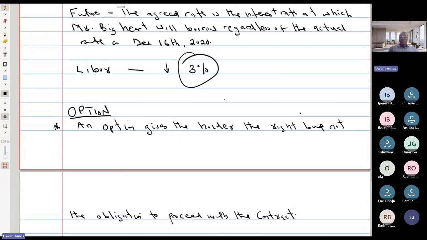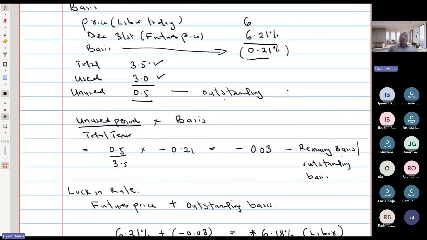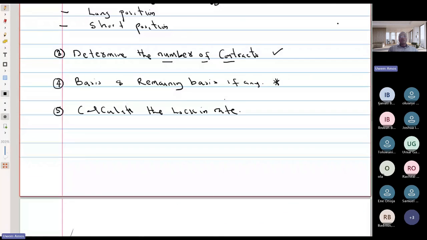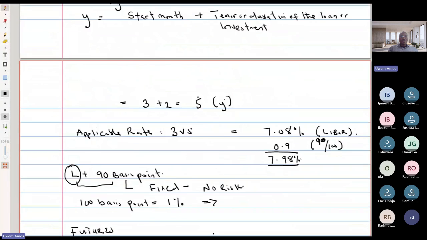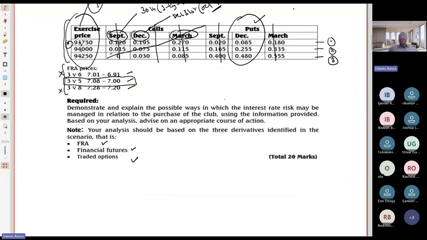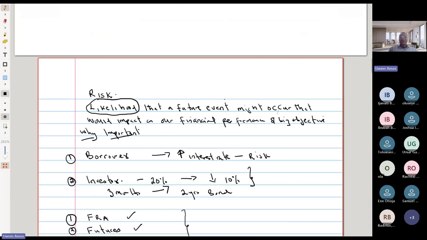Okay, sorry, let me pick the prices again. The middle is 94, the last one is 94.25, and the first one is 93.75.